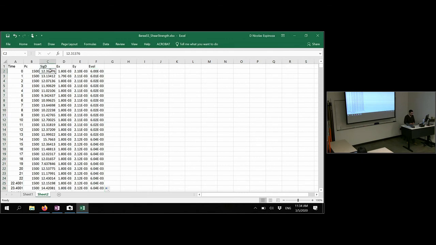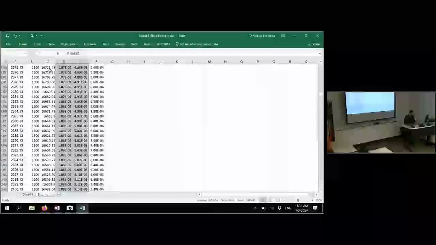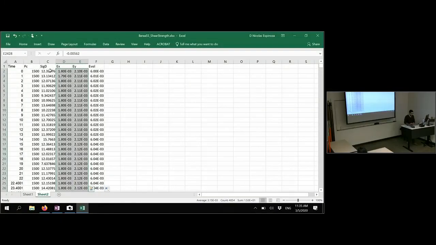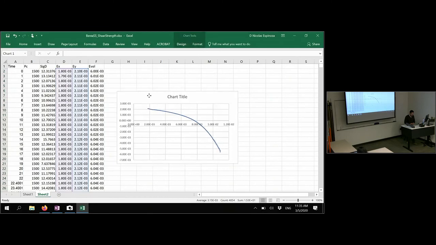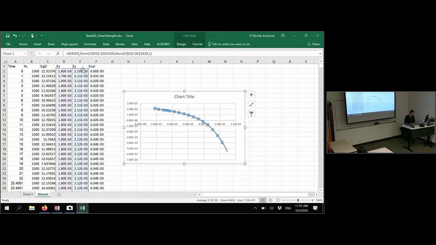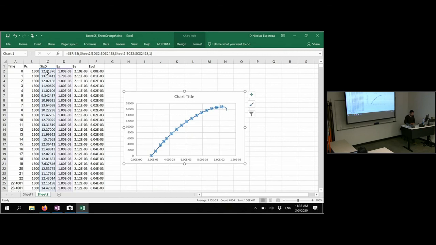All right, I'm going to plot this very quickly. All right, so that's axial strain. Let me add radial strain here.